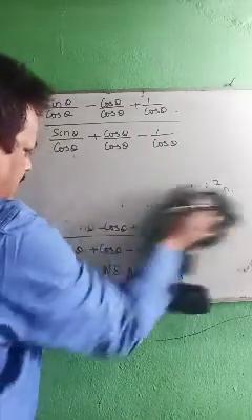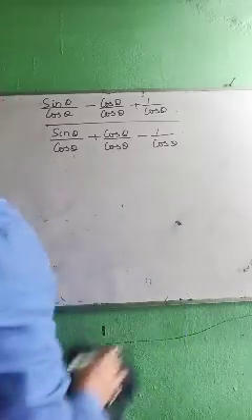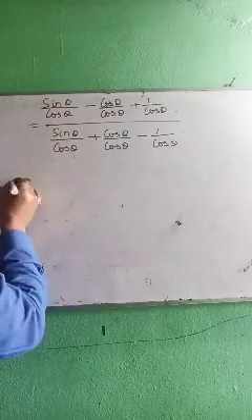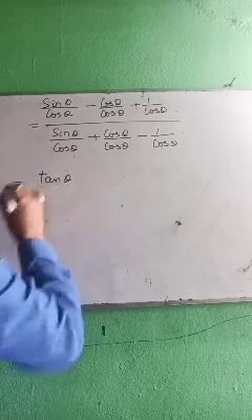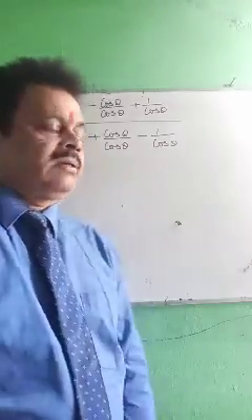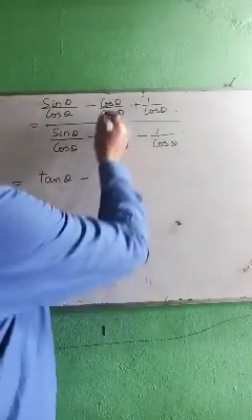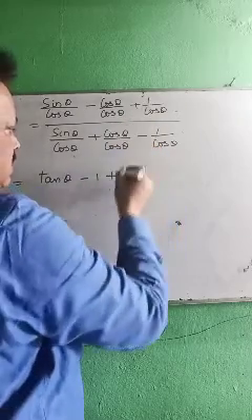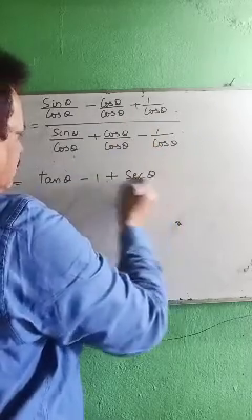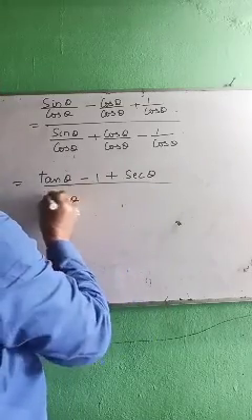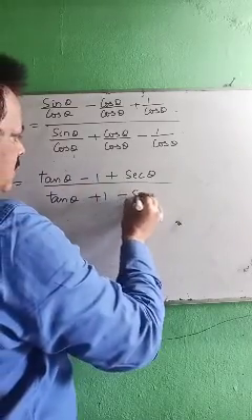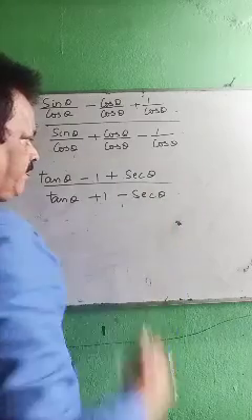So what will you get? That will give you sin by cos is tan theta. Okay, (tan theta minus 1 plus sec theta) divided by (tan theta plus 1 minus sec theta).